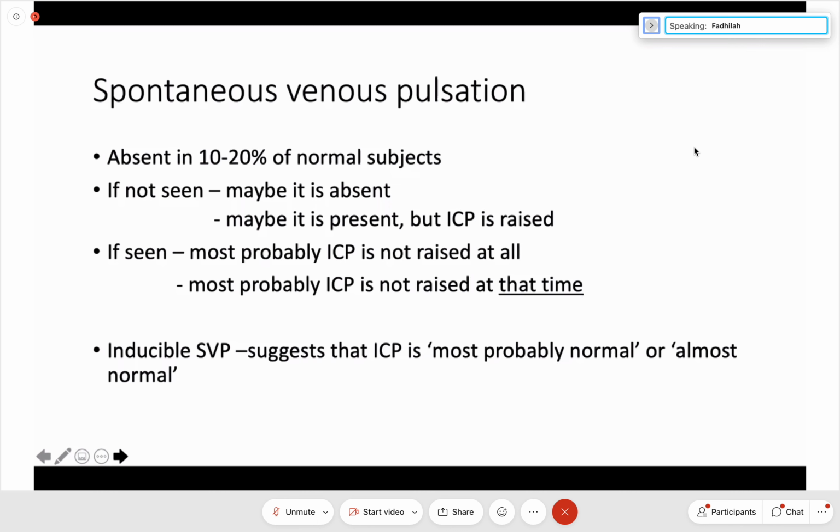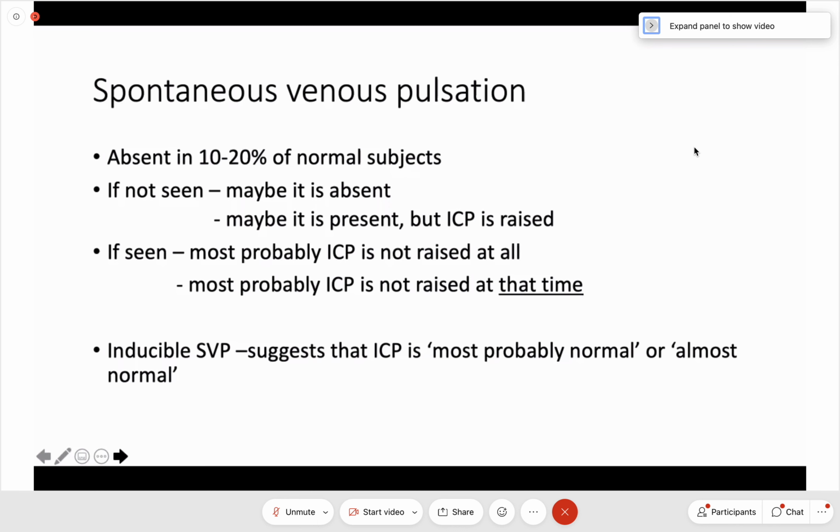So, how do you interpret the finding then? Right, so this is how. If it is not seen, maybe it is absent, or maybe it is present, but the ICP is raised. Therefore, it stops pulsating. If it's seen, most probably the ICP is not raised at all. Normal.